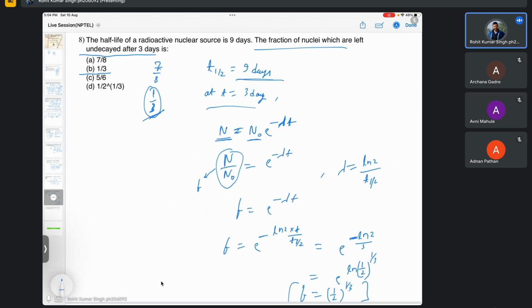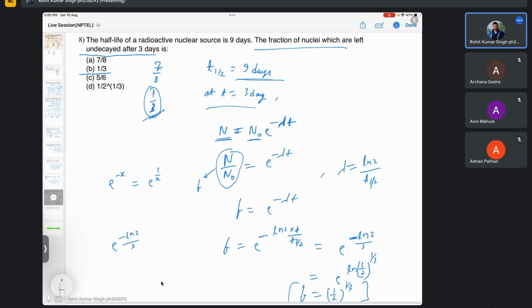Is it fine? Everyone got it? So what I did is, you guys know that e to the power minus x is equal to e to the power 1 by x.